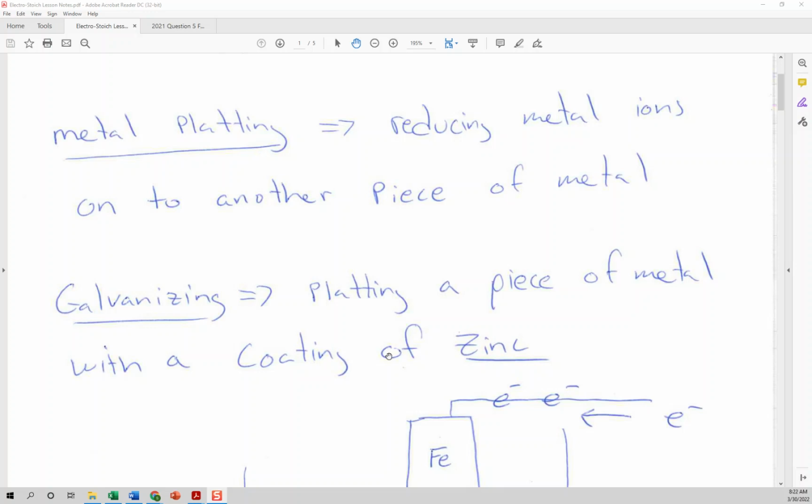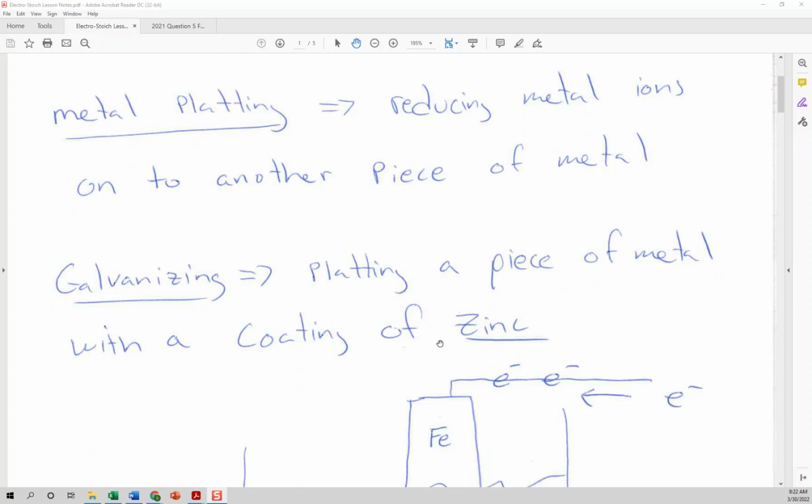So what you do is you galvanize it, you coat it with zinc, and zinc is kind of the sacrificial metal. So instead of the iron getting oxidized, it'll be your zinc that gets oxidized, right? So the steel, the core of that piece of metal, will stay strong because we're not going to oxidize any of the iron. We're only going to oxidize the metal coating that we put on it, and a lot of times zinc is the one to do it.